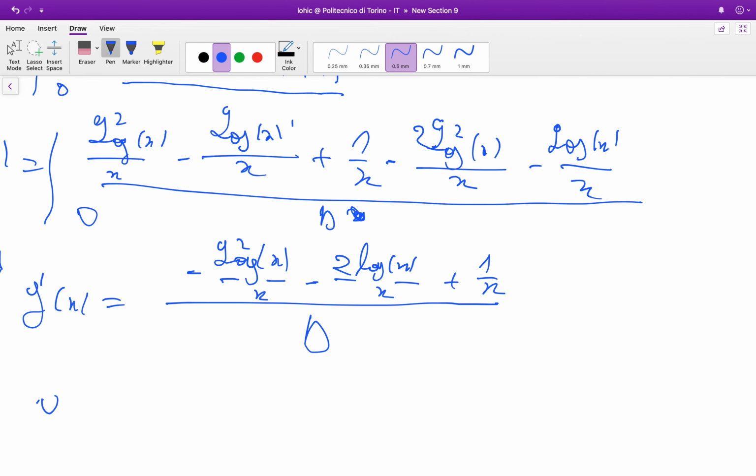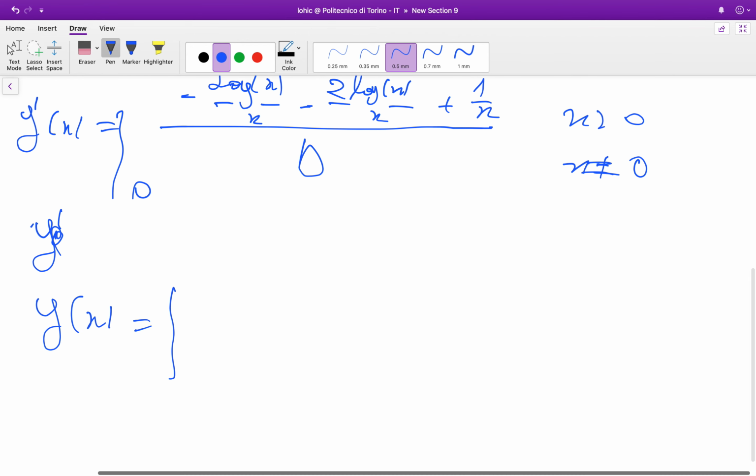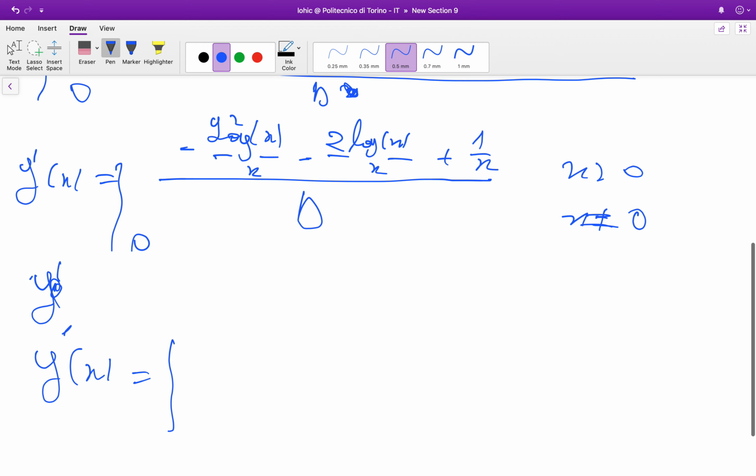Now g prime of x, okay, there is also the 0. This is when x is greater than 0 and when x is equal to 0. So g prime of x at the end gives you, I mean, we can factor out 1 over x, right? You agree?